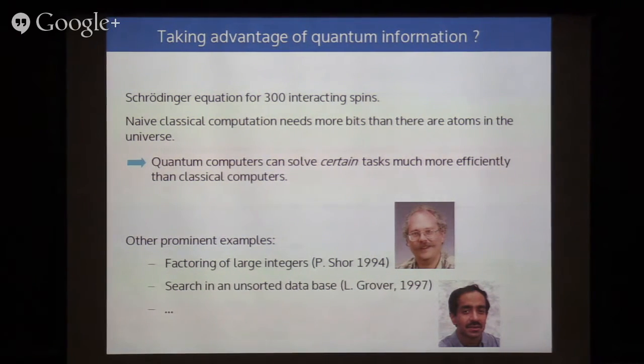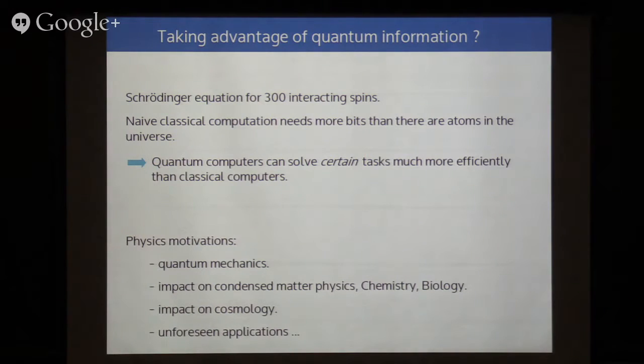Also the search of an unsorted database. All these applications, which are really driving the funding at the moment, are very advanced. They will require many thousands of qubits, and I must admit that we are not there yet, but maybe 10, 20, 30, maybe 100 years. I don't want to accept this.